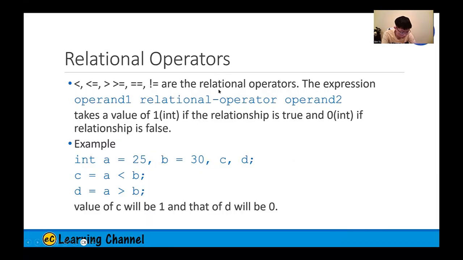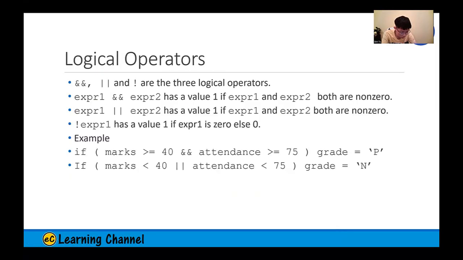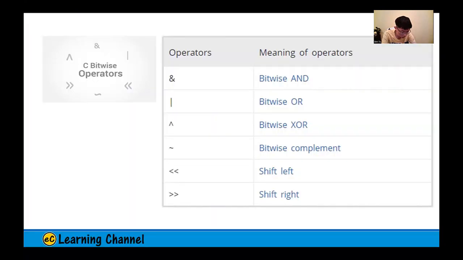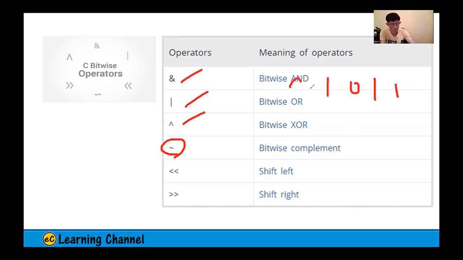Okay, the relational operators are the same as Java. We don't talk about it. It's logically simple. Bitwise operators, we talk about and, or, inclusive or, complement. Complement is negation. Negation means that you have 1, 0, 1, 1. You do negation of it, it becomes 0, 1, 0, 0.